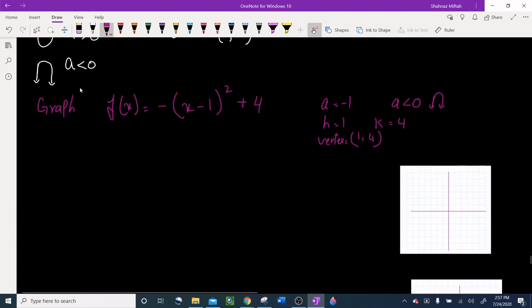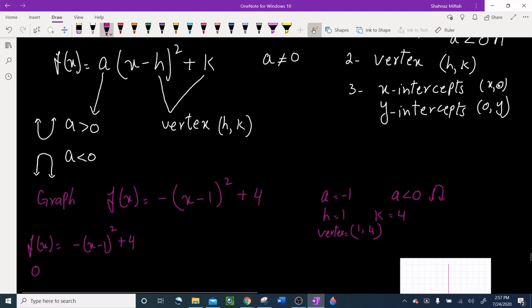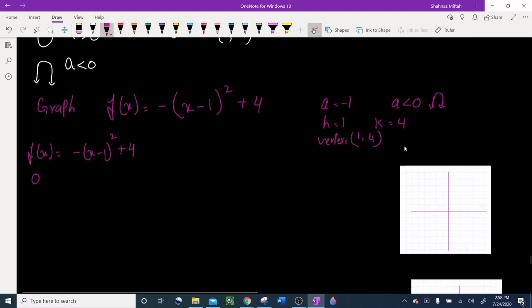So here we go for the x-intercepts. This is my original equation, f(x) = -(x - 1)² + 4, and I'm looking for the x-intercept first, which means y is going to be 0. So I make 0 equal to -(x - 1)² + 4.